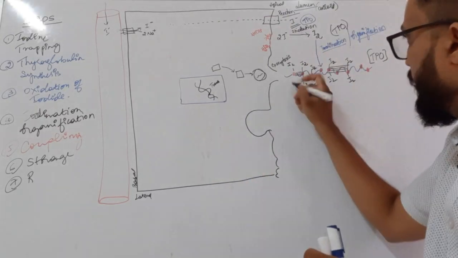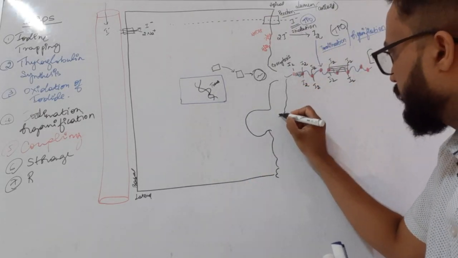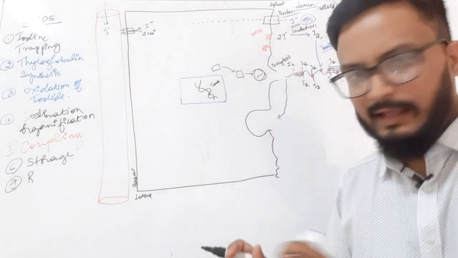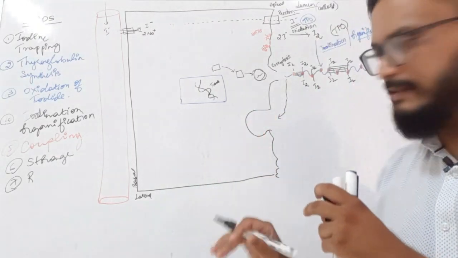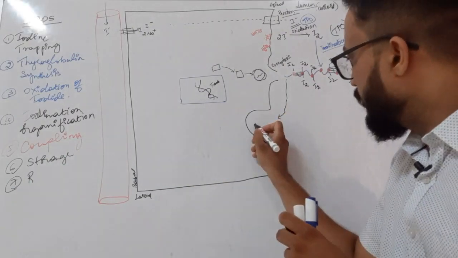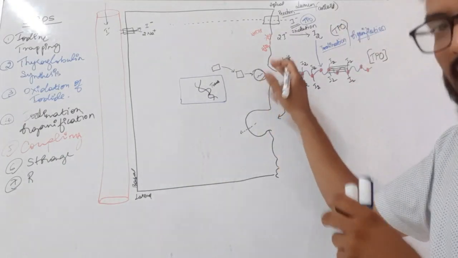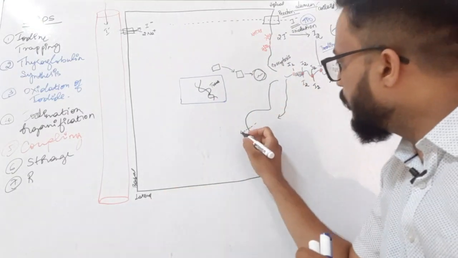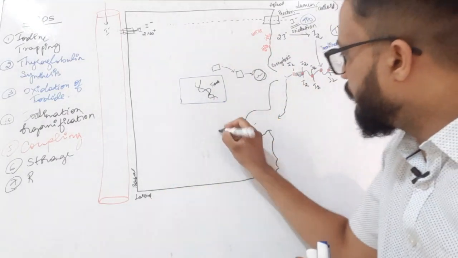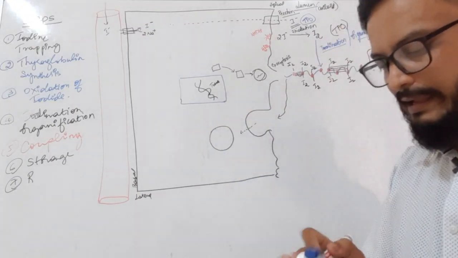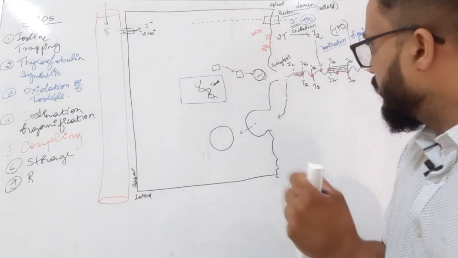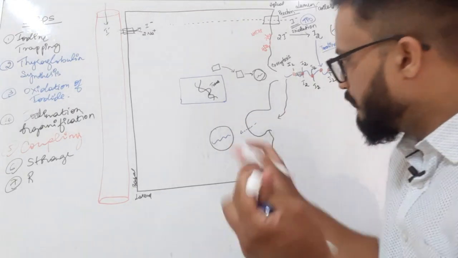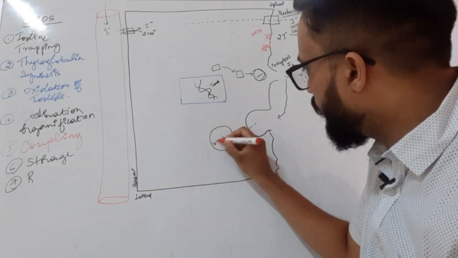The thyroglobulin present in the lumen, in which T3 and T4 have formed, will be endocytosed. Initially it was exocytosed for the formation, now for the release it will be endocytosed. So it forms an endocytic vesicle, inside which we have the thyroglobulin chain, in which T3 and T4 are fused.